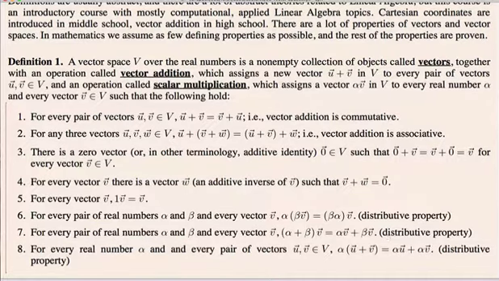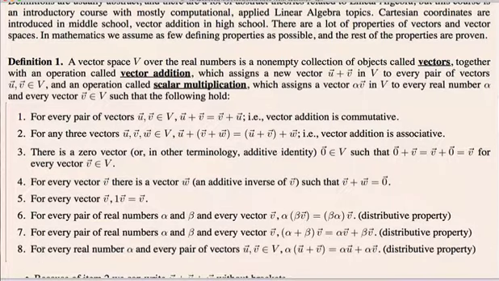This is also called the distributive property like the previous one, but this is the distributive property with respect to scalar addition. So when you add together two scalars, you can multiply this term by term with the vector v. While the previous property was for scalar multiplication.